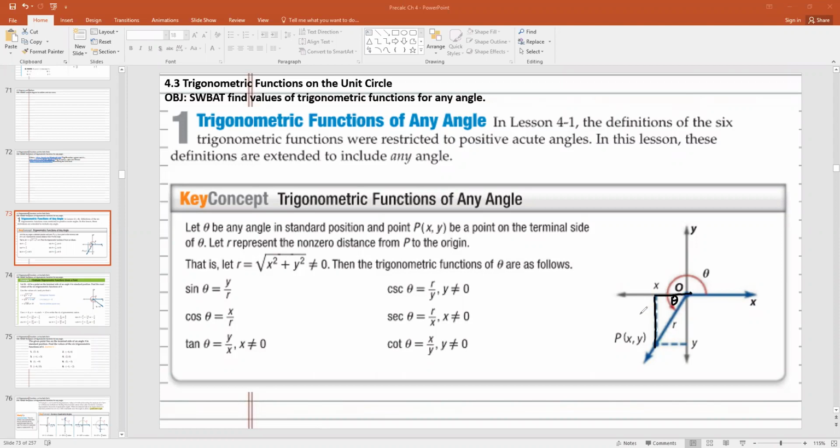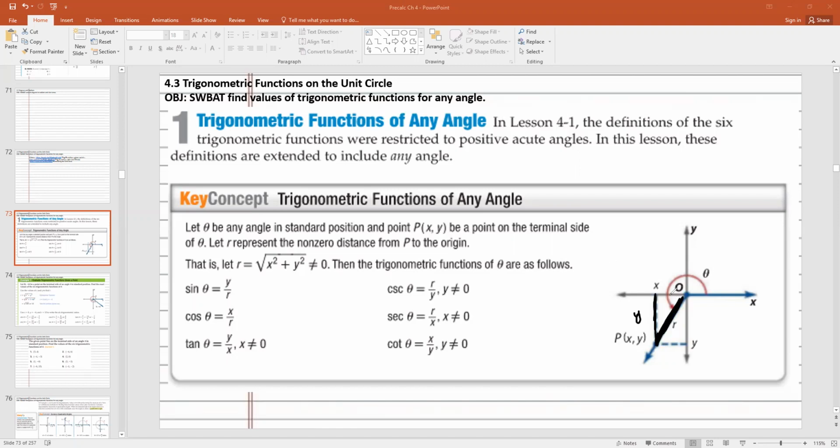So you have opposite. Sorry, that's not your theta. You have opposite, the y, over the r, the hypotenuse. So opposite over hypotenuse. Remember SOHCAHTOA.